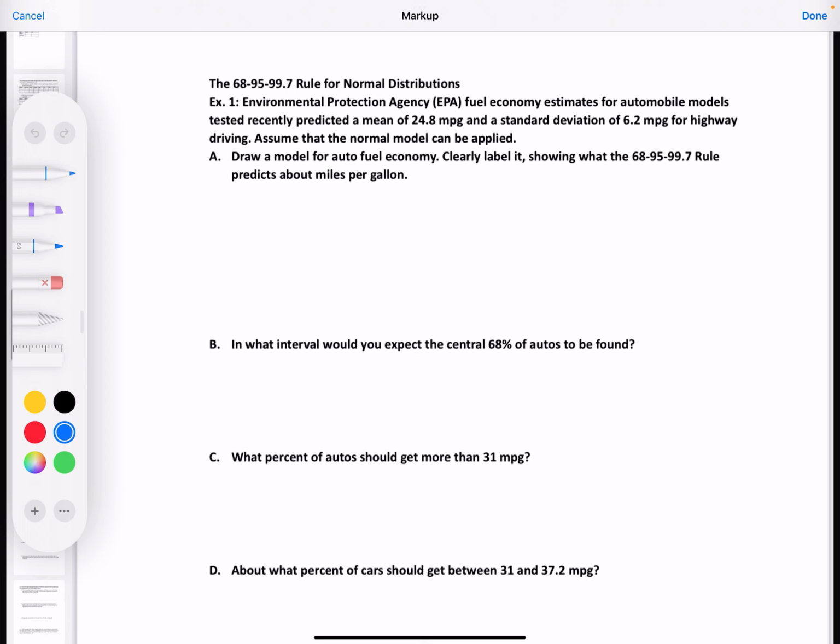So first we want to draw a model for auto fuel economy, clearly labeled, showing what the 68, 95, 99.7 rule predicts about miles per gallon. So what you want to do here is have your curve, and then you want to go through and label.